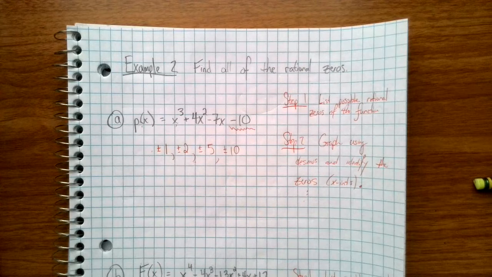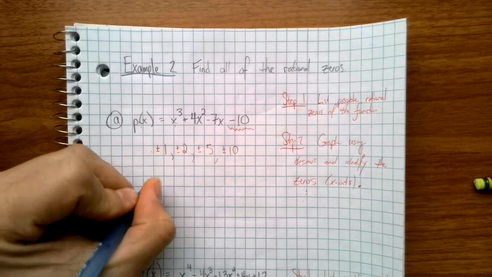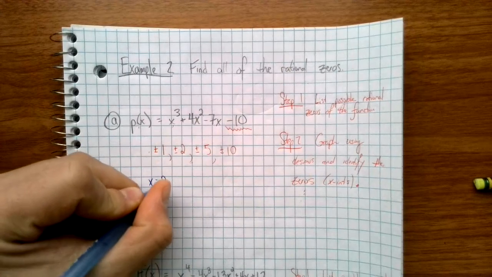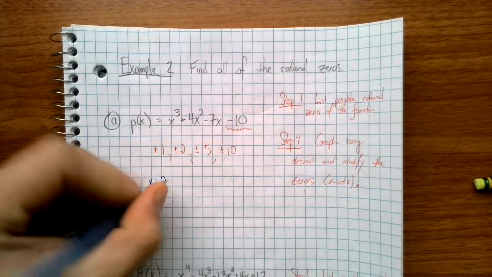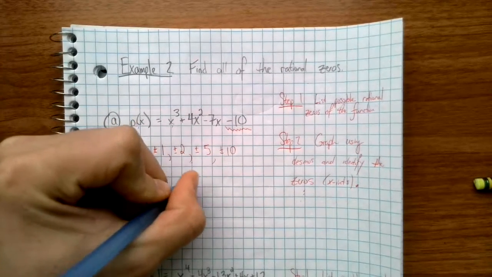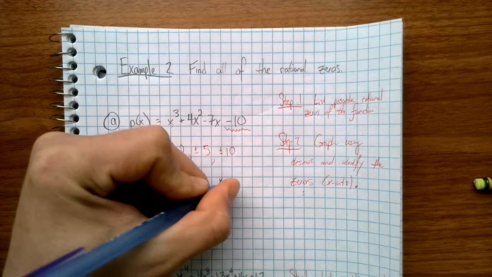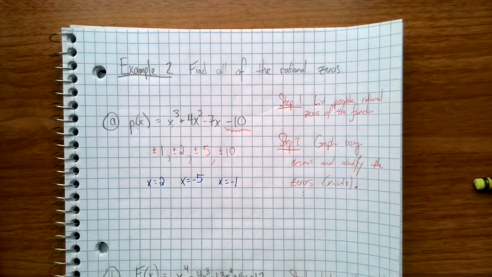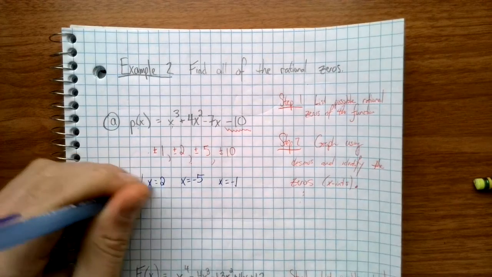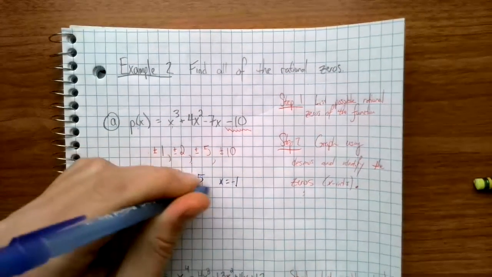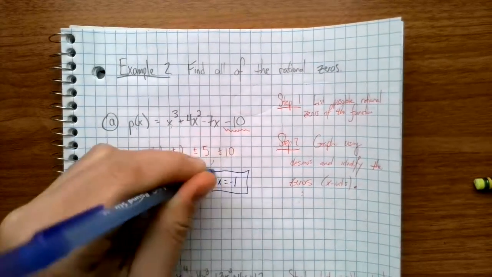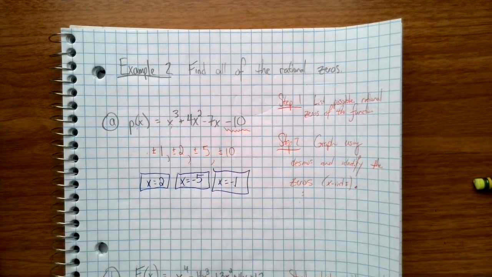Once you've done that, you'll notice that the function crosses the x-axis at 2, -5, and -1. And we've now answered the question by determining what the rational zeros of that function are.